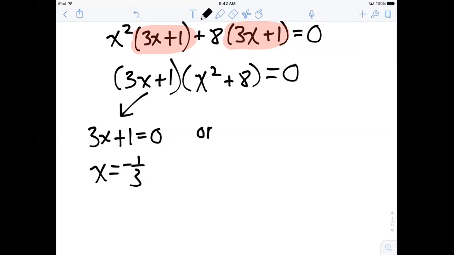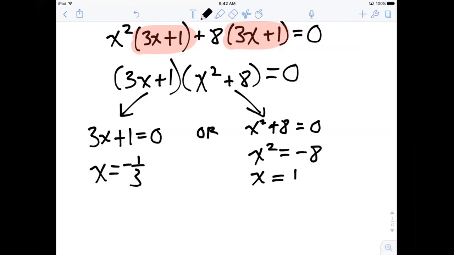But we also know x squared plus 8 could be equal to 0. And let's start rearranging. That means x squared would be equal to negative 8, or x is equal to plus or minus the square root of negative 8.